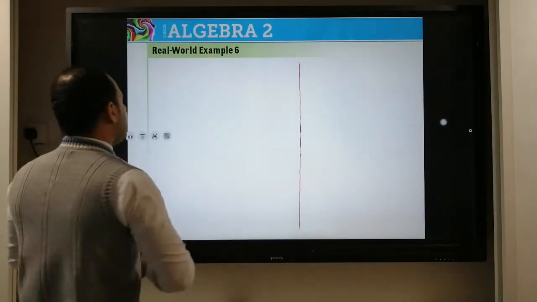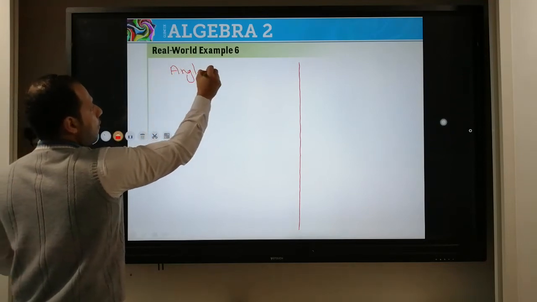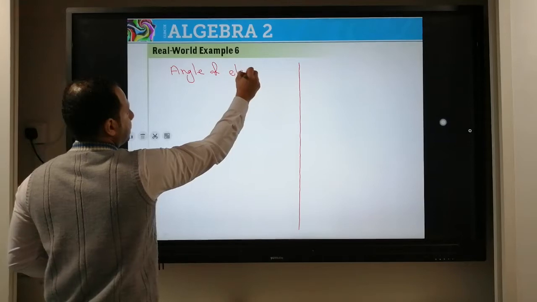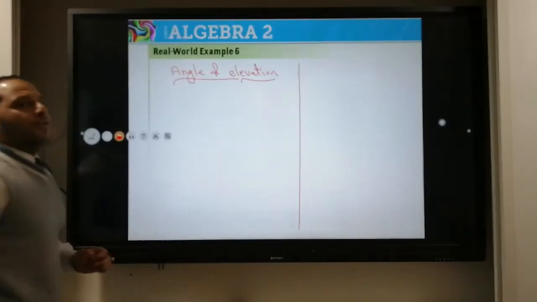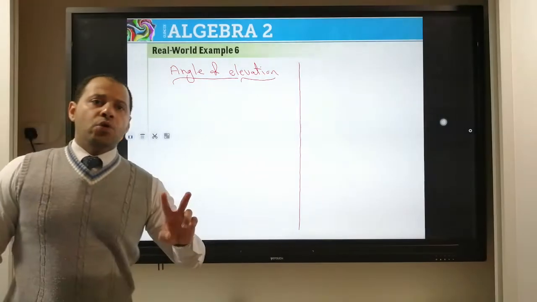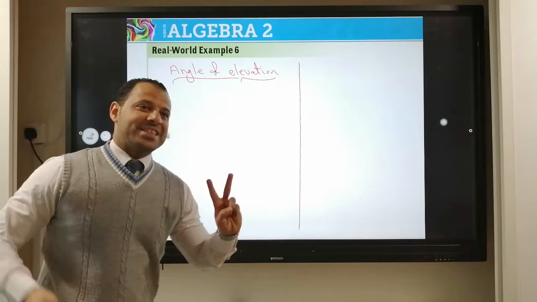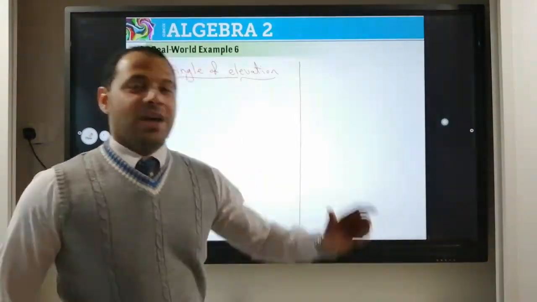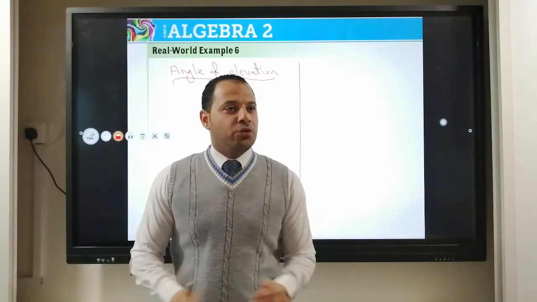Let's start with the angle of elevation. Angle of elevation is an angle formed, as you know, by the union of two rays.